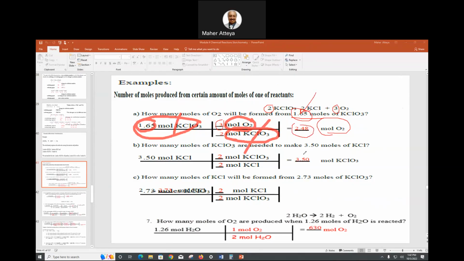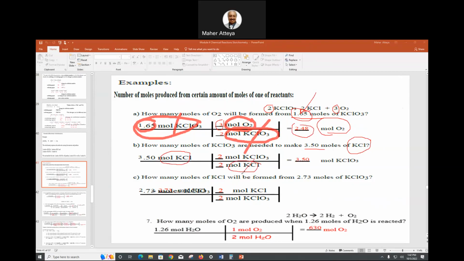Now, if they give you 3.5 moles of your product, potassium chloride, it asks you how many moles of the reactant you have to start with. Well, this is given to you, moles of potassium chloride. You look at the ratio, moles of potassium chloride has to be on the bottom. Why?